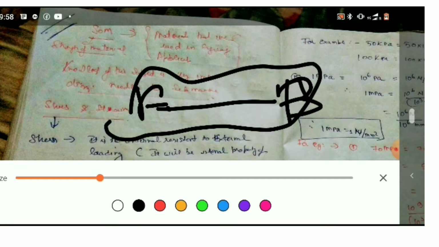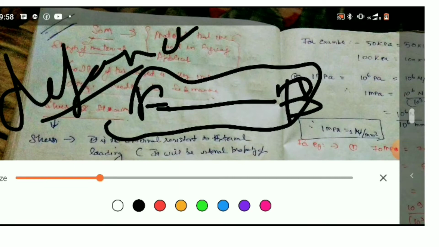A rigid body is one where, when we apply any external force or moment, the distance between the two points does not change, and a deformable body is the opposite. When the distance between points A and B changes when an external force is applied, that is called a deformable body.